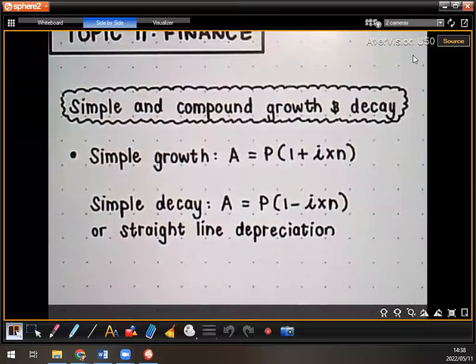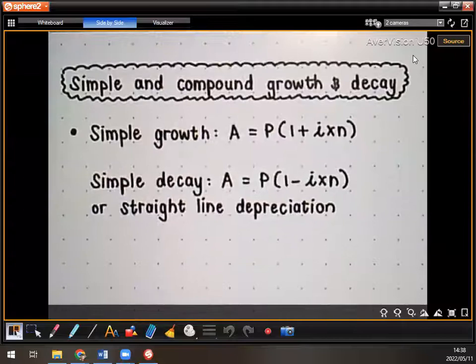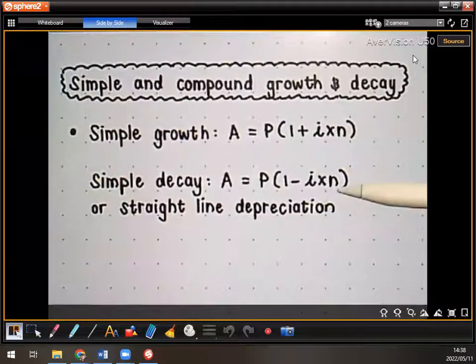Okay, so we can have straight line depreciation. If you do accounting, there's a different method that you use in accounting. You don't use this in accounting, all right? But in math, the questions will be asked in such a way that you have to use this. In accounting, you just calculate the annual amount of use.